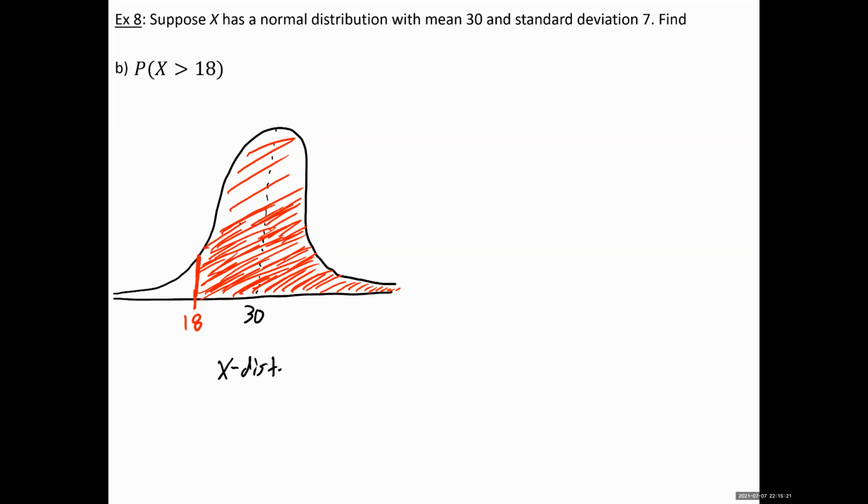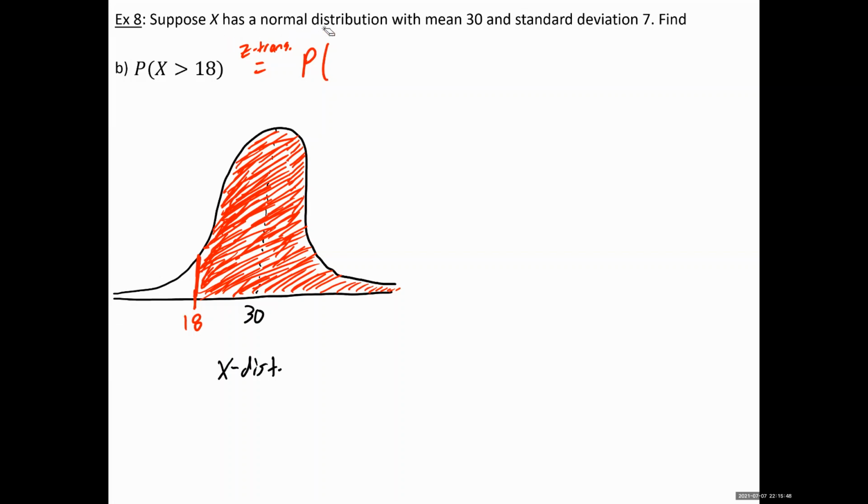All right, so it's gonna be a couple more seconds to shade this. And then once you're done with the picture, well, is there any questions on the picture? Okay, so then the next thing is, this is a normal distribution problem. We're gonna turn it into a standard normal distribution problem by doing a z transformation. Again, only do a z transformation if the problem says that the variable is normal, but that's what it says, x has a normal distribution.